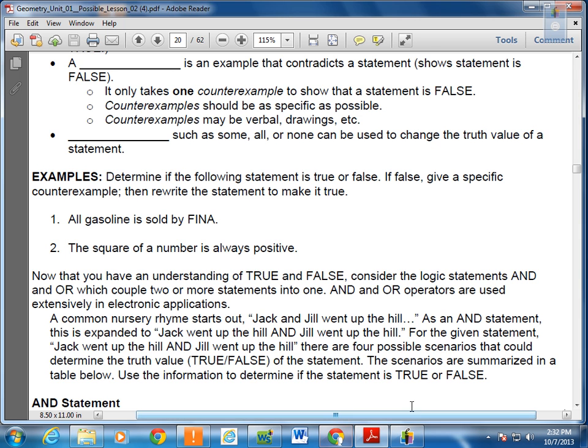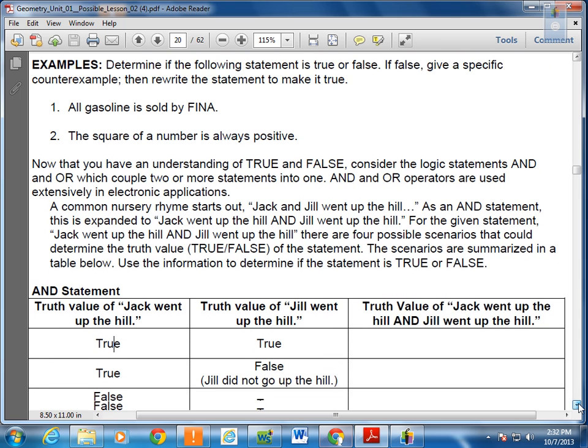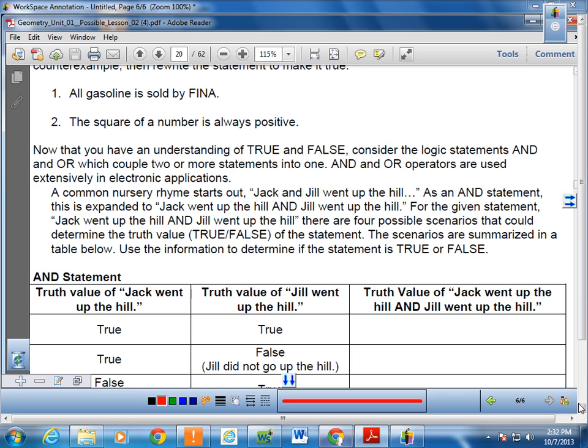Our first statement says, all gasoline is sold by FINA. That is true in some cases, but it's not always true every time. So other companies sell gasoline. This is false.